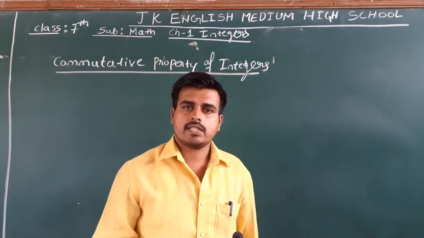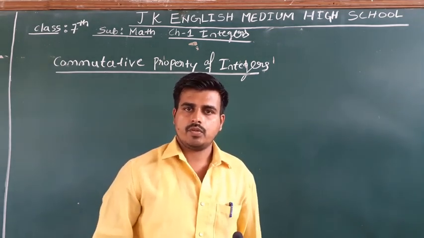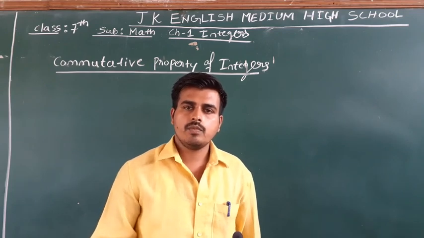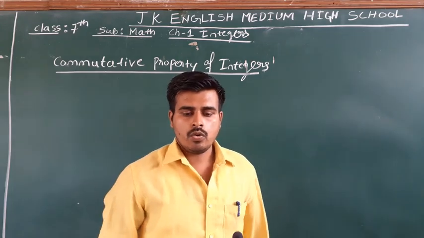For example, I discussed 4 operations, so again we divide it into 4 types. Before going to that, what do you mean by commutative property? First we will see what we mean by commutative property.